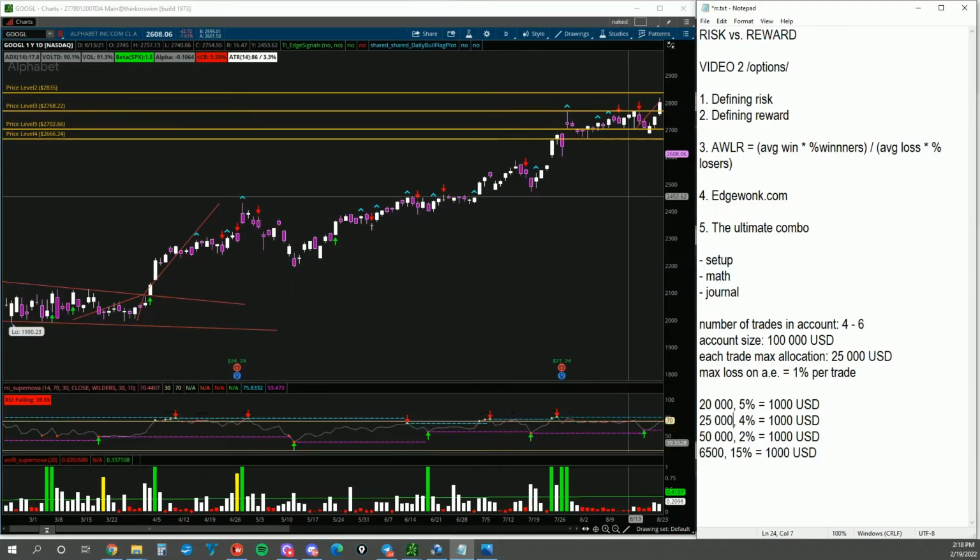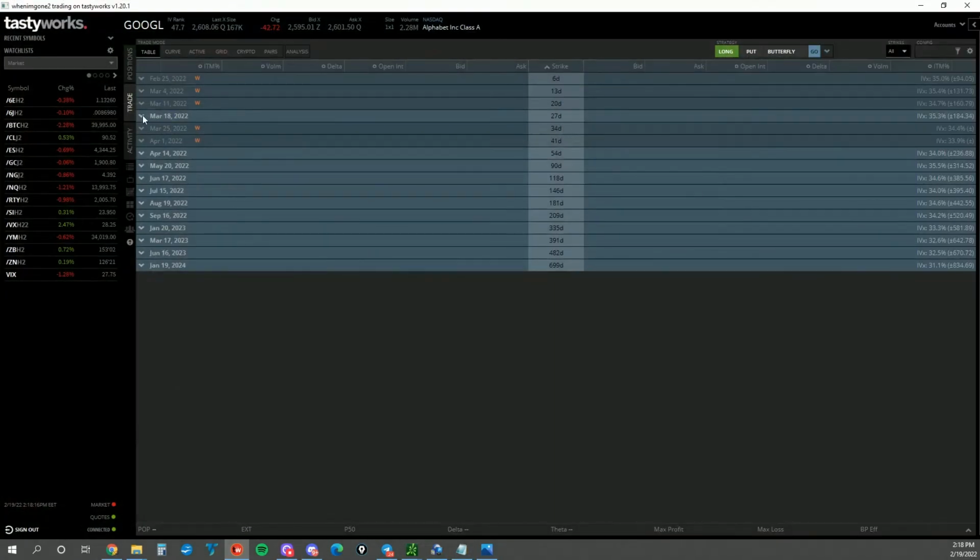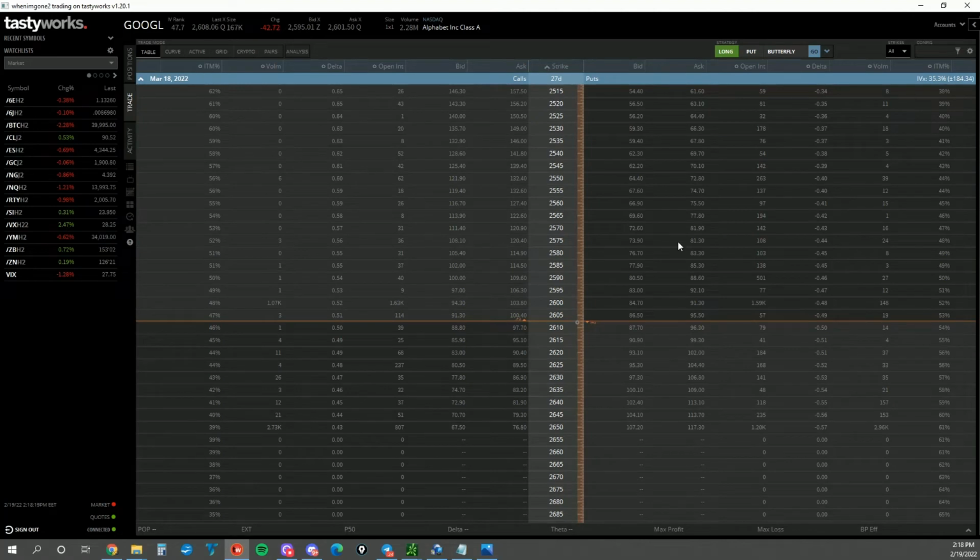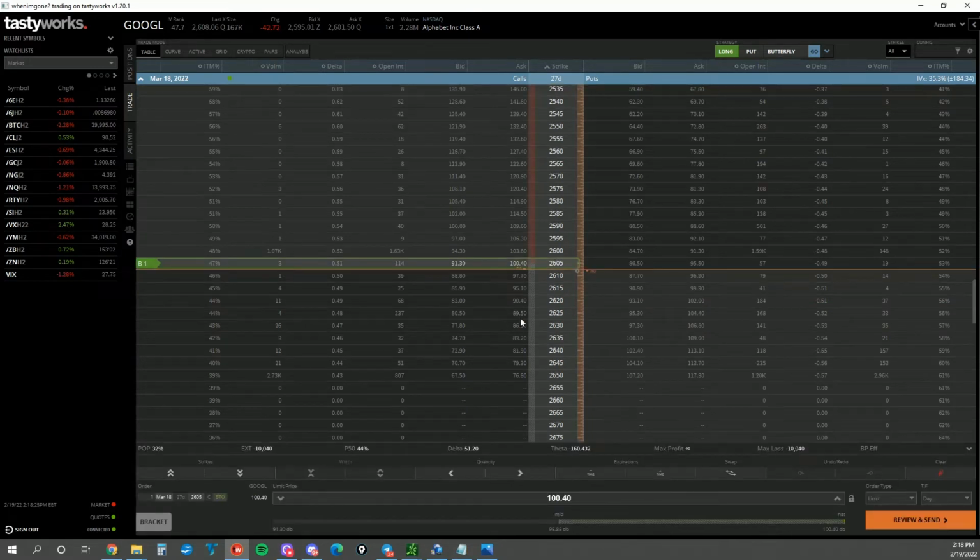So if you're doing options on Google, you can buy one call for $10,040. Now this will entitle you to ownership in case you want it at the end of the expiration period, and let's say this is in the money.